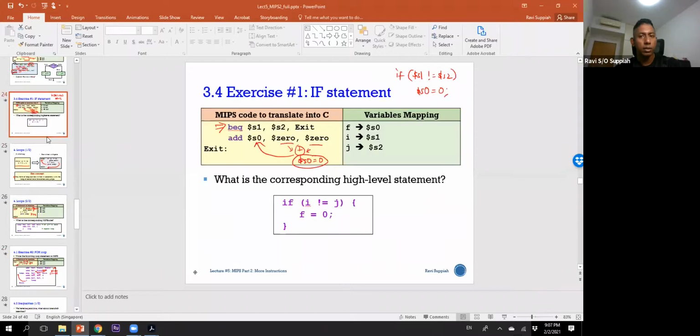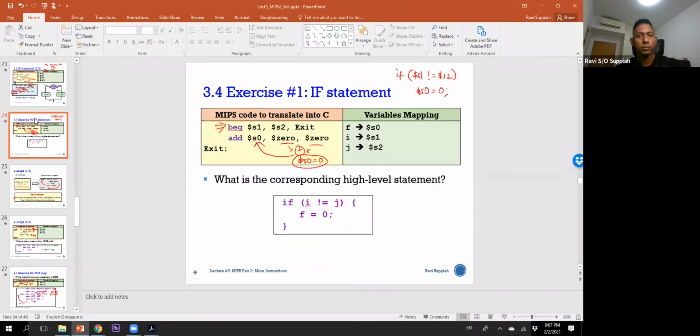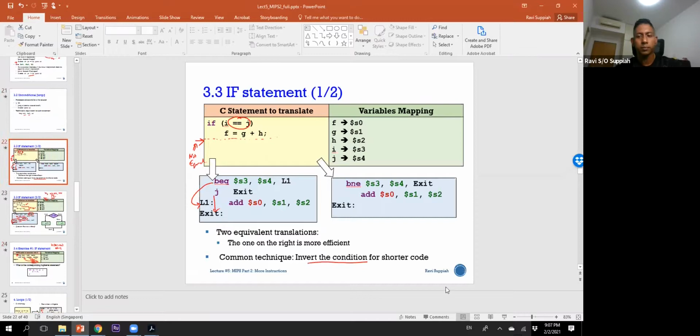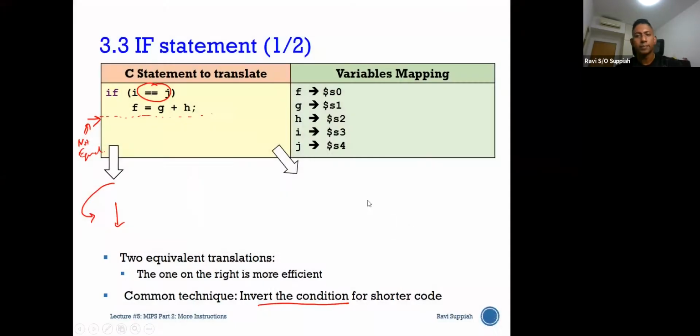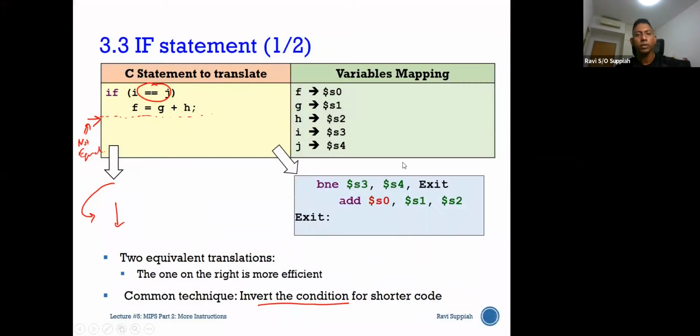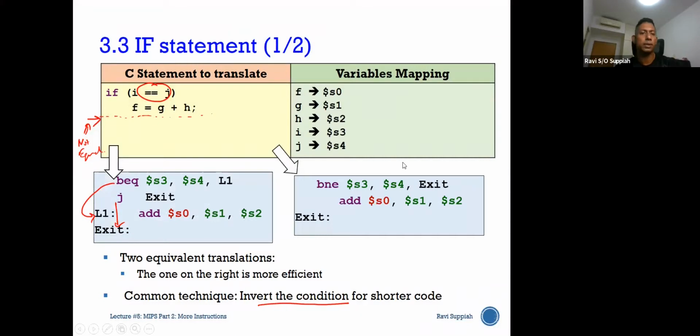Okay, the if statement. Basically there are two main checks in MIPS. One is BEQ and BNE, branch if equal or branch if not equal.